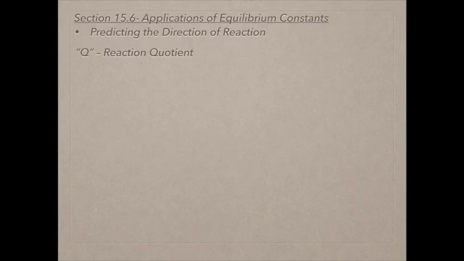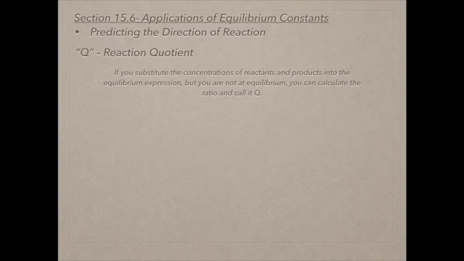To determine this, we use a value called the reaction quotient, which we represent with a Q rather than a K. If you substitute the concentrations of the reactants and the products into the equilibrium expression, but you're not at equilibrium, you end up calculating Q, your reaction quotient.